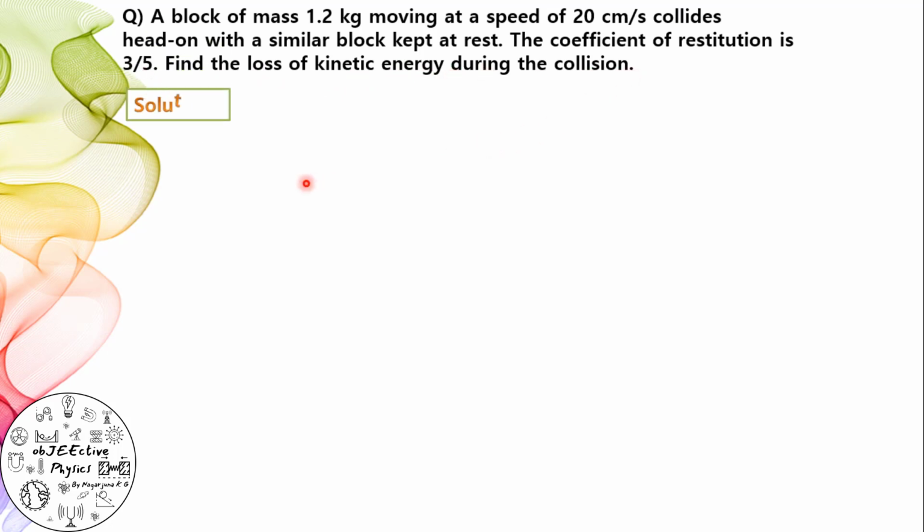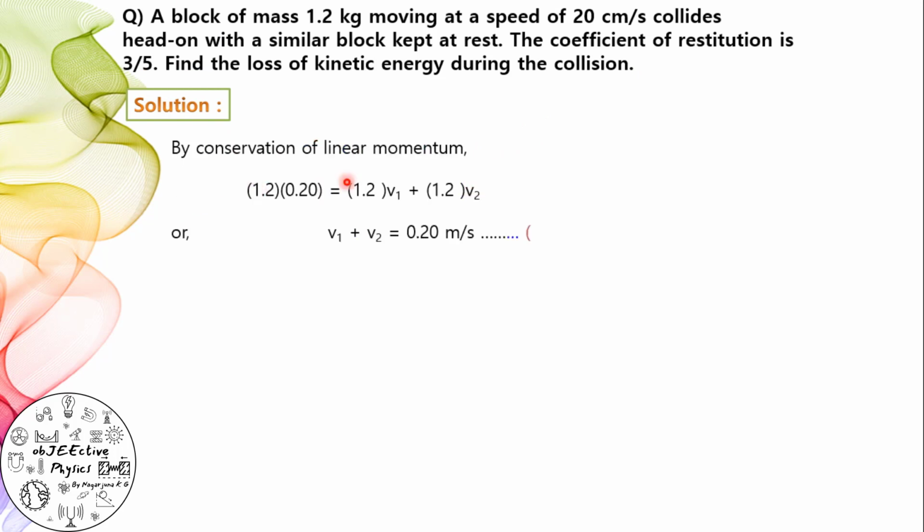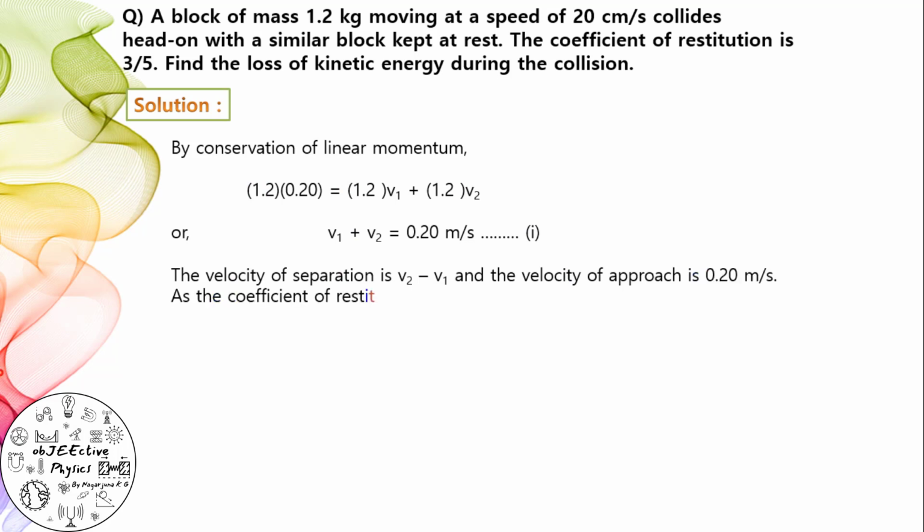Observe the solution. By the law of conservation of linear momentum, we can write 1.2 into 0.2 is equal to 1.2 into V1 plus 1.2 into V2.